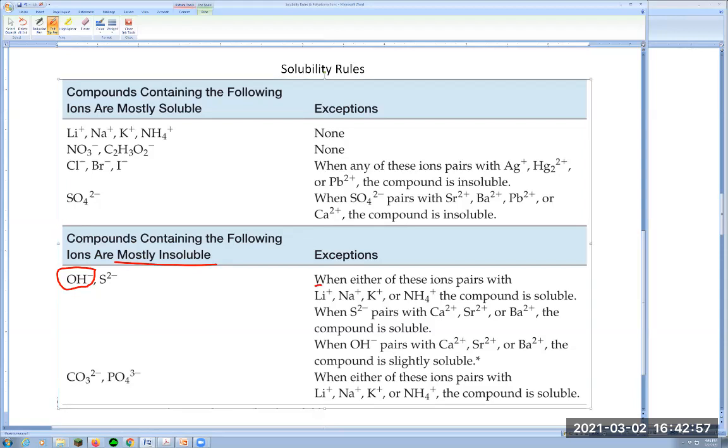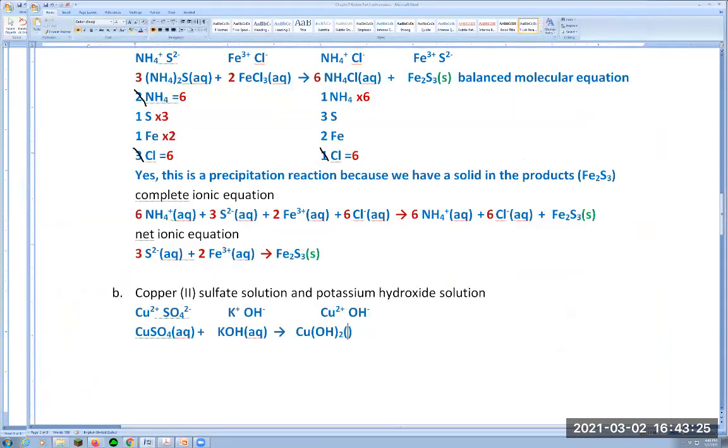When either sulfide and hydroxide pair with lithium, sodium, potassium, ammonium, no. Hydroxide, this is for sulfurs, so no. When the hydroxide pairs with calcium, strontium, barium, no, there is no copper there. So copper is not part of the exceptions. That tells you this is an insoluble compound when copper combines with the hydroxide. So here we want to say S for solid. That's going to be a solid.